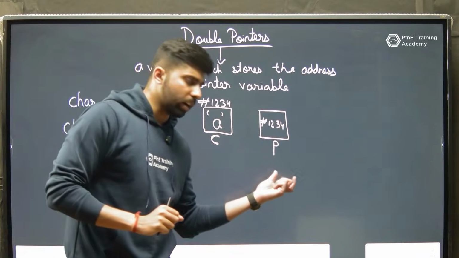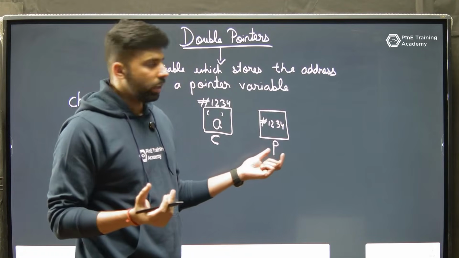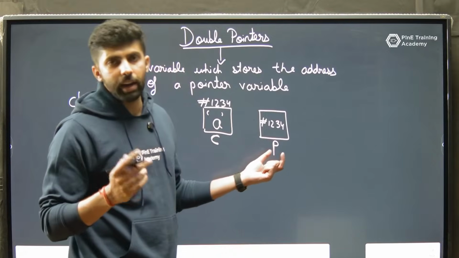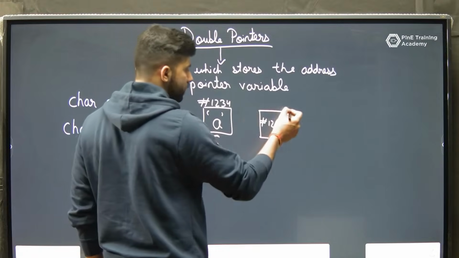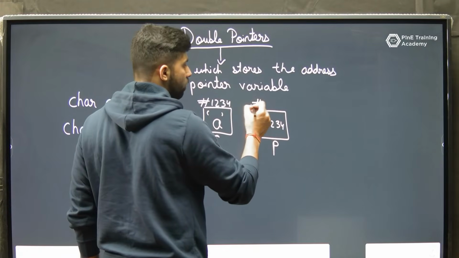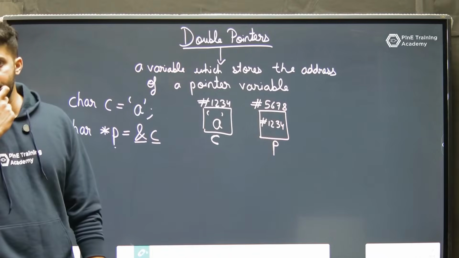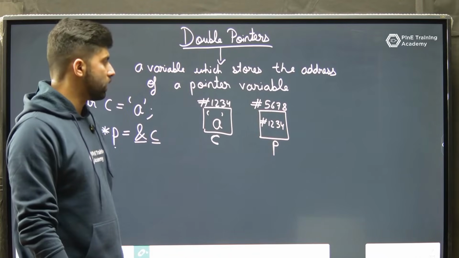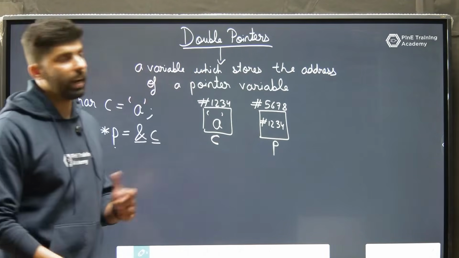Now, this C was a normal variable, and its address was stored by a pointer variable. Now this pointer is also a variable. It is also in the memory, and hence it also will have its address. Since a pointer is also a variable, it will also have an address.